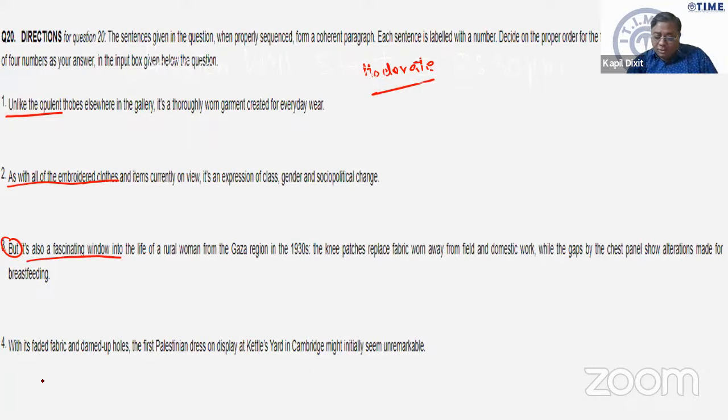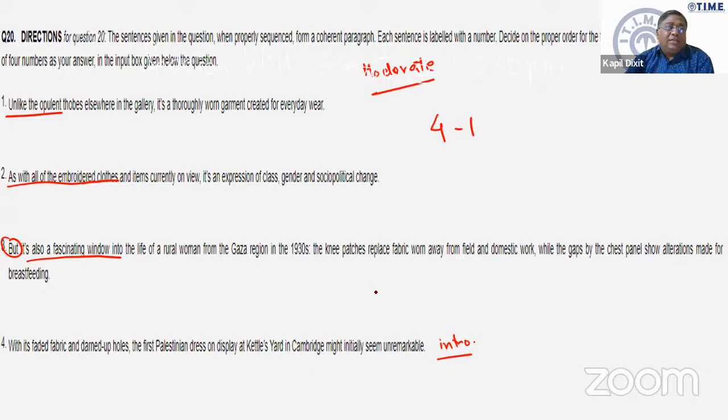Now, see, look at statement number 4. With its faded fabric and depth of holes, the first Palestine dress on display at Kettle's Yard in Cambridge might initially seem unremarkable. This is now easily an introductory statement. Okay, so I could have started with 4. Then, unlike the opulent tops elsewhere in the gallery, it is a thoroughly warm garment created for every day.